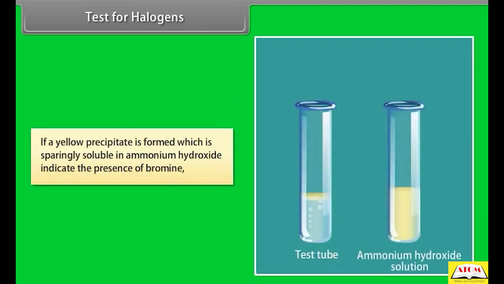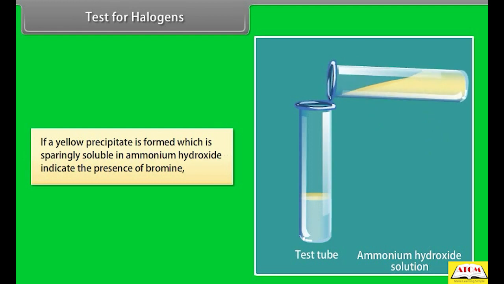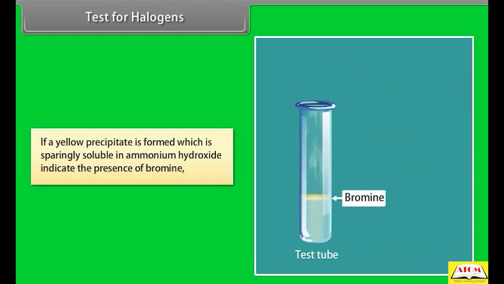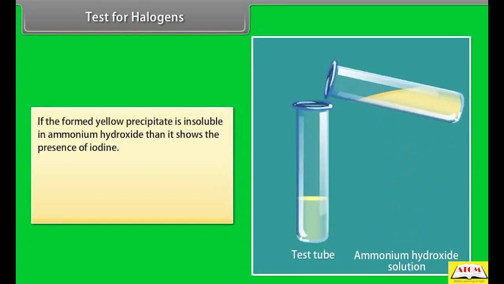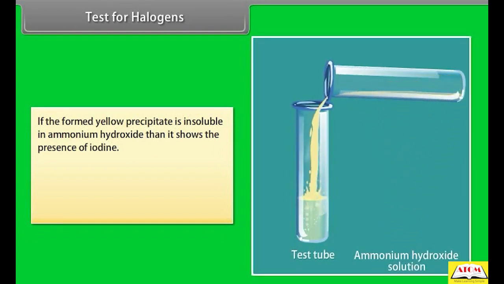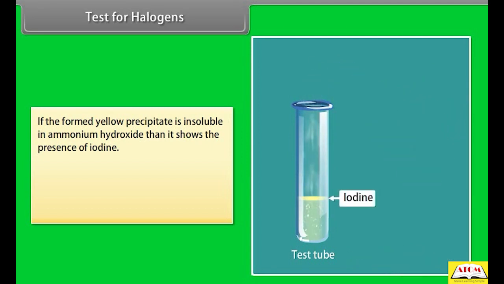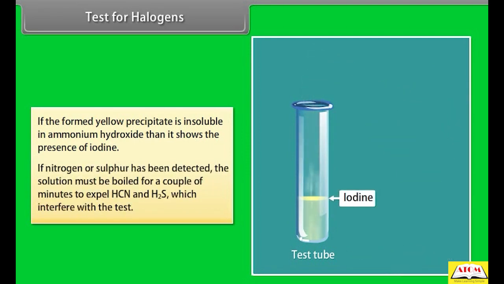If a yellow precipitate is formed which is sparingly soluble in ammonium hydroxide, it indicates the presence of bromine. If the yellow precipitate formed is insoluble in ammonium hydroxide, then it shows the presence of iodine. If nitrogen or sulfur has been detected, the solution must be boiled for a couple of minutes to expel HCN and H2S, which interfere with the test.